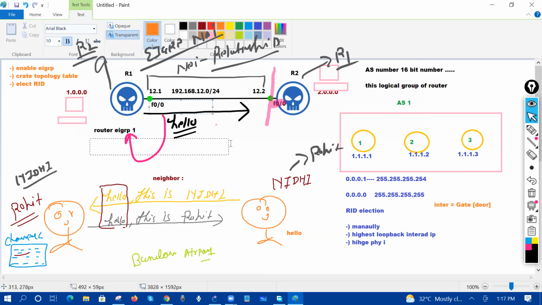I need to manually enable it. I need to go to the network statement and say network 191.6.12.0. That's it. Once I put the network statement, this interface is enabled in EIGRP, and now this guy will send the hello packet to router number 2. And this hello packet is used to form the neighborship.